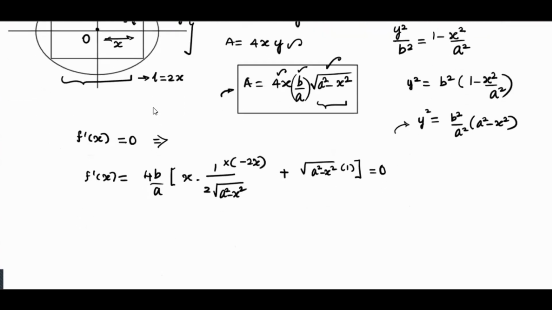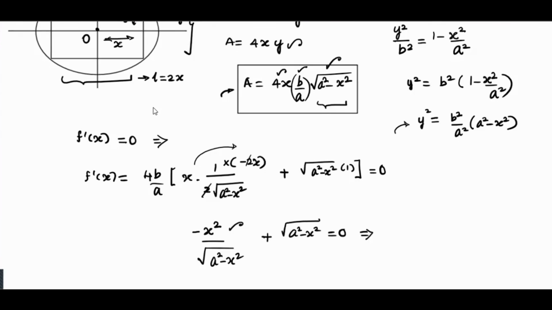Now this becomes minus x square divided by root of a square minus x square, because the 2 and 2 would get cancelled. X and minus x would become minus x square divided by root of a square minus x square plus a square minus x square is equal to 0.